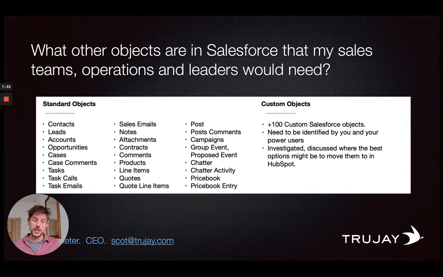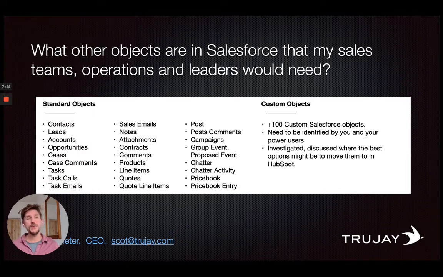Now, custom objects. Salesforce is a little bit unique in that they have all of these what they call custom objects. And really, almost 98% of it is administrative data for the system. None of that is CRM data that anybody wants to move over.